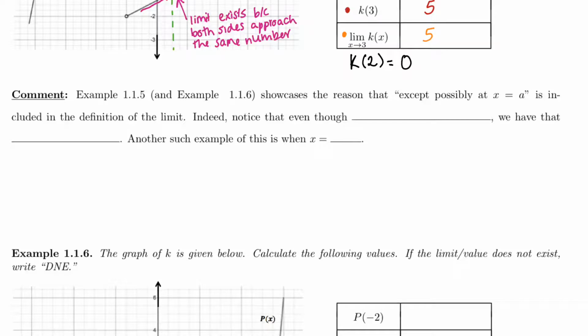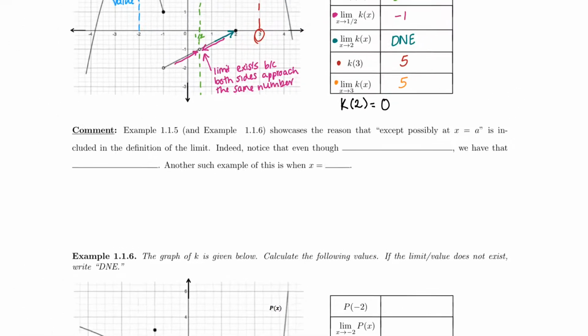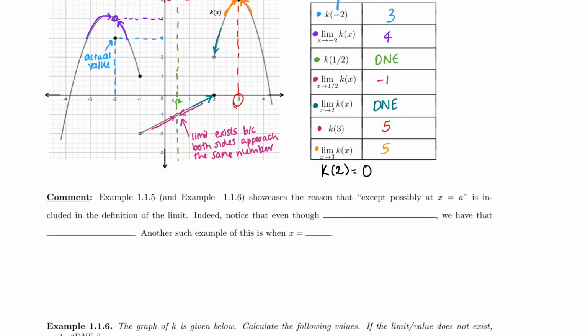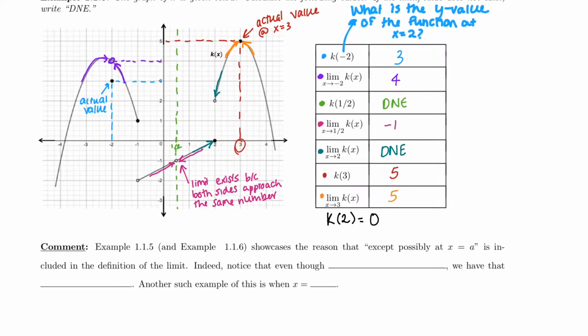So basically everything I said is said right here. Example 1.5 showcases the reason that "except possibly at x equals a" is included in the definition of a limit.